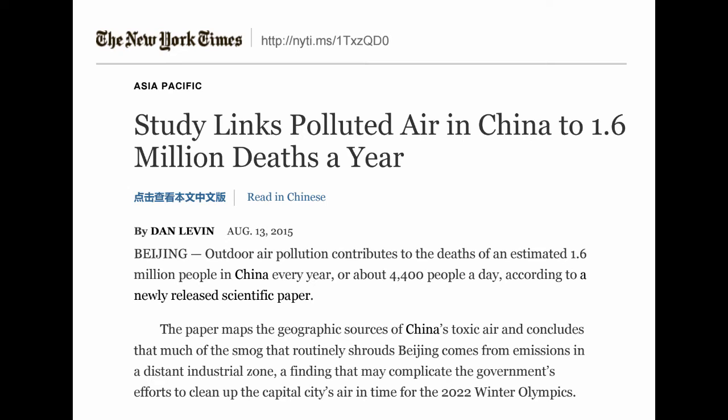Even though this idea of dividing by day is not necessarily meaningful or useful, it's just a way of making the magnitude sound big. Right? But then here's where we want to take our students through some of these questions. Order of magnitude, 1.6 million deaths per year in the context of China's population. What is China's total population?